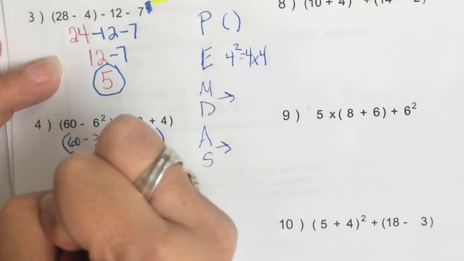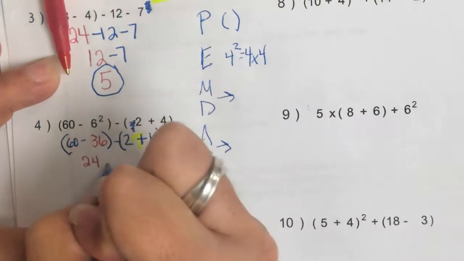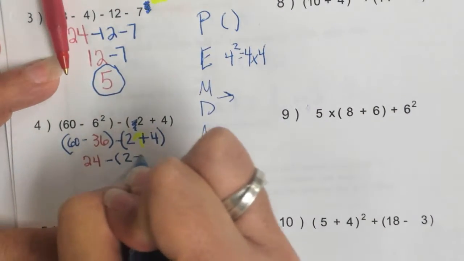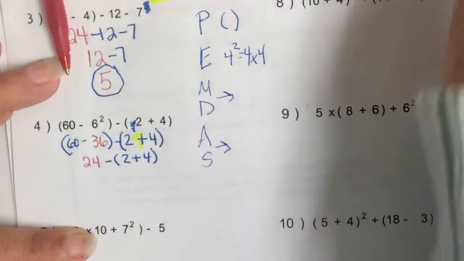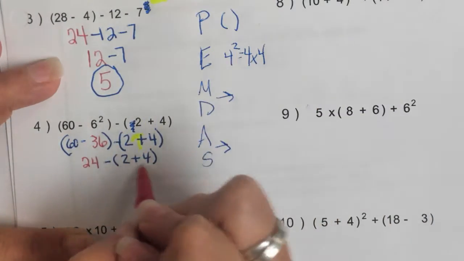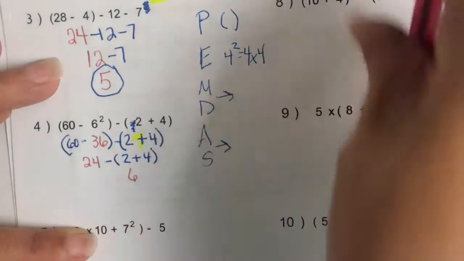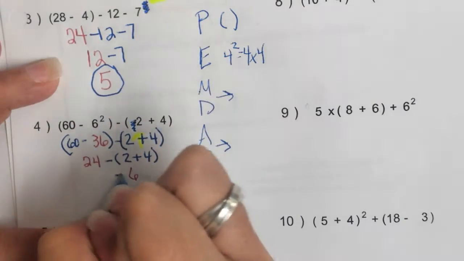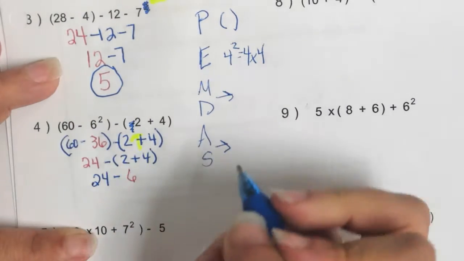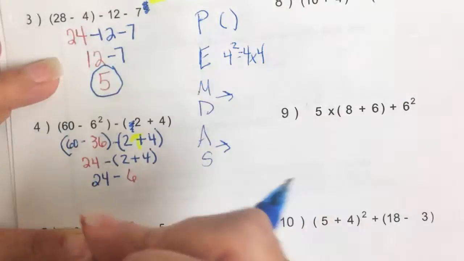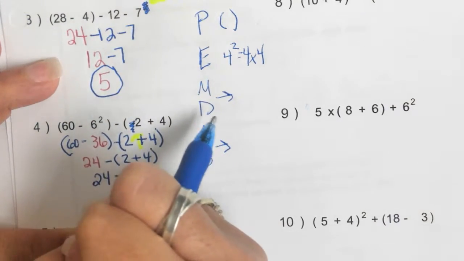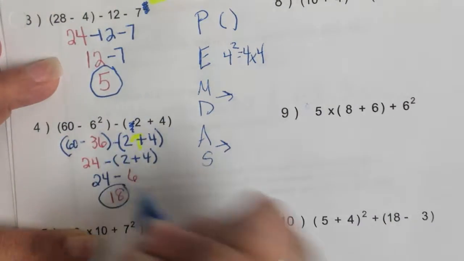I was still doing it. Now, 2 plus 4? 6. 18. And 18, yes. Love it.